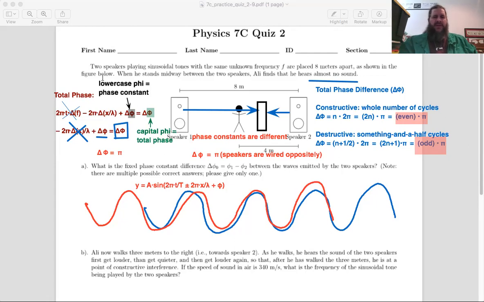So lowercase phi, the phase constant, is talking about the sources of the waves and whether they're in sync or not. Capital phi, the total phase, is talking about that and the path length difference and the frequency difference, if there is one, all unified together or all added up. And the total phase is what matters for type of interference.